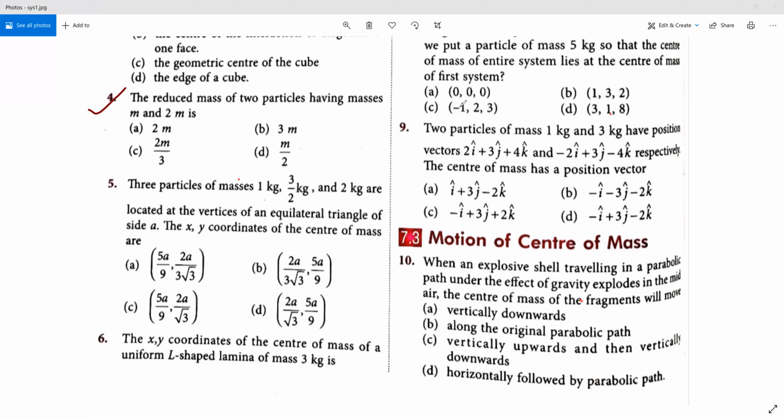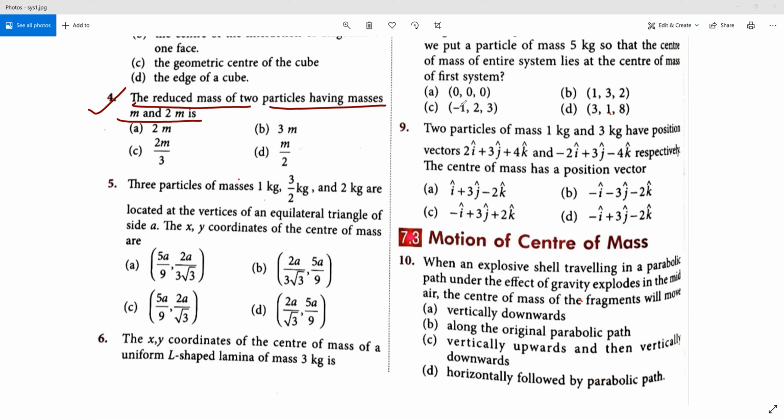So we are solving the fourth question. What they ask: the reduced mass of two particles having mass m and 2m each. First option they have given 2m. Second option 3m. Third option 2m by 3. And fourth option, that is m by 2.